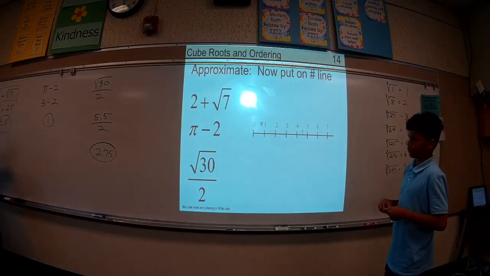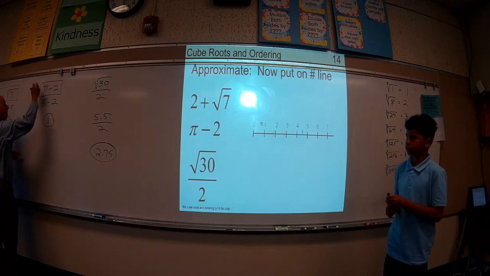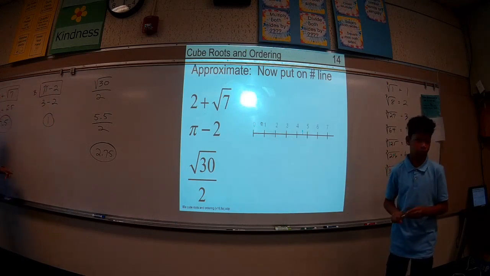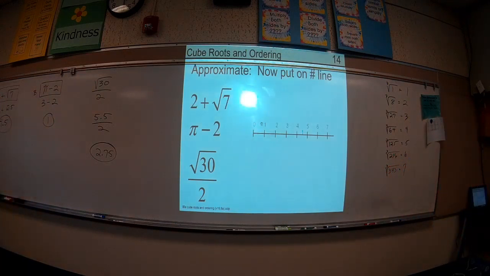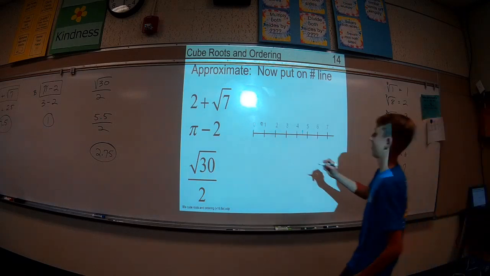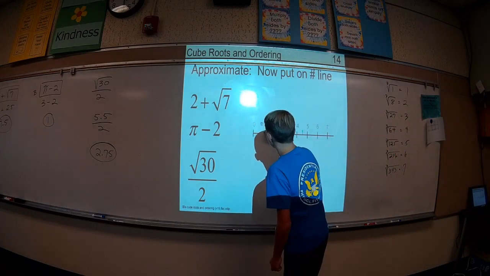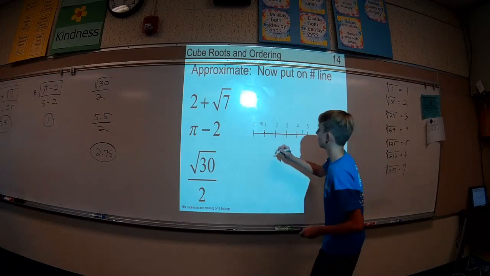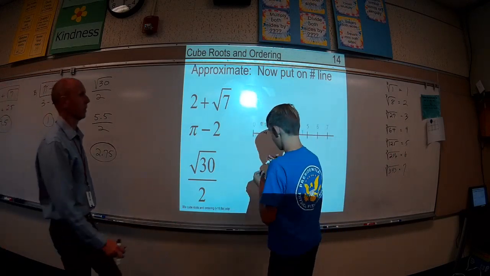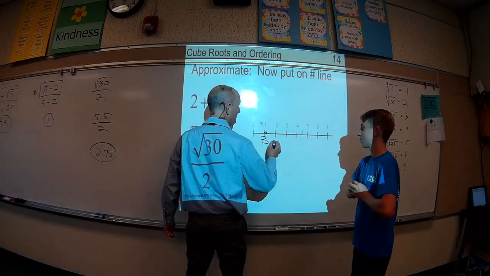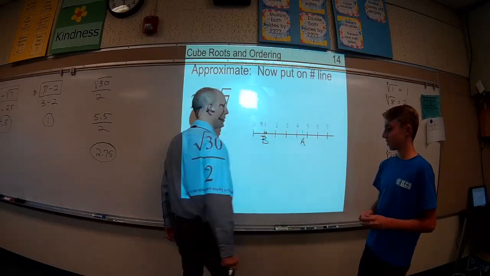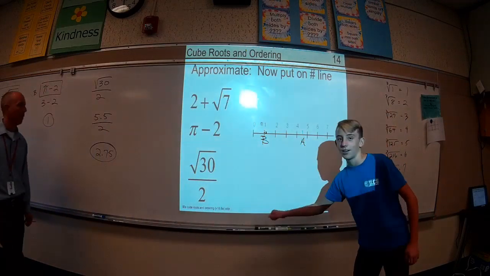Ganter, do you want to put B on the number line? Yeah. Ganter is putting B on the number line. Put a B with it. I'm going to make it big so the people at home can see it. Okay, there we go.